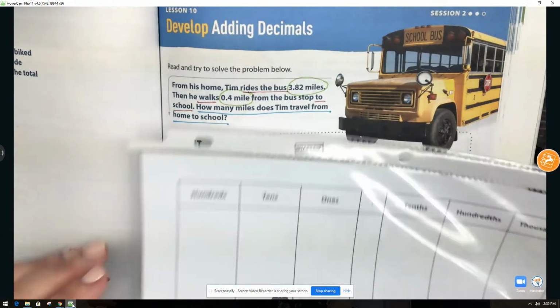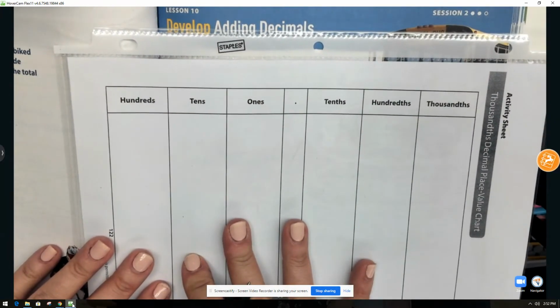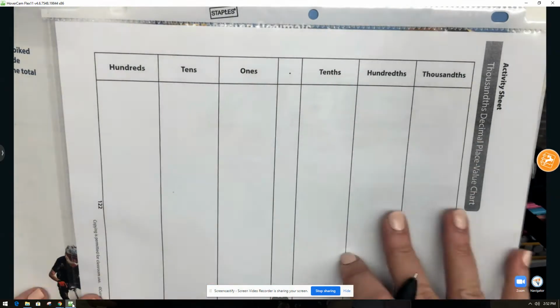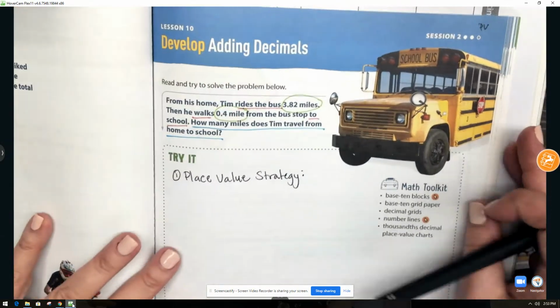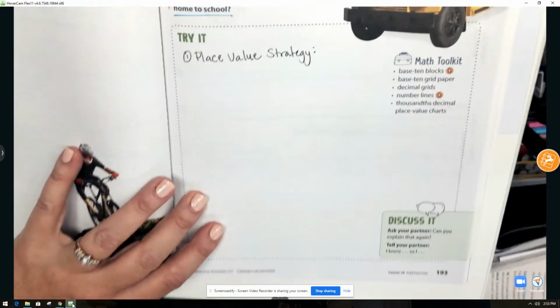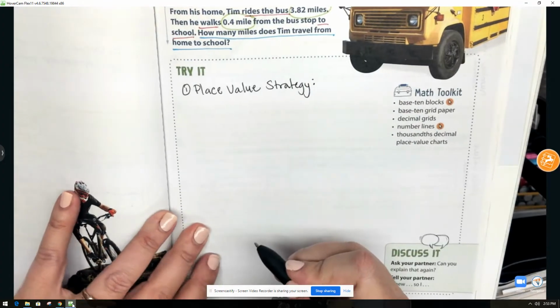If you have a place value chart, you can use your place value chart to do the work. But I recognize that not everybody is going to have a place value chart easily at their disposal. So I'm going to show you in this example how you can make the place value chart on your page. And then for the rest of the session, I will likely use the place value chart.